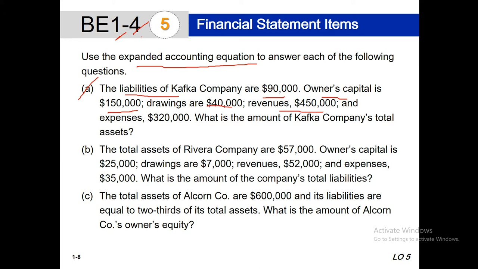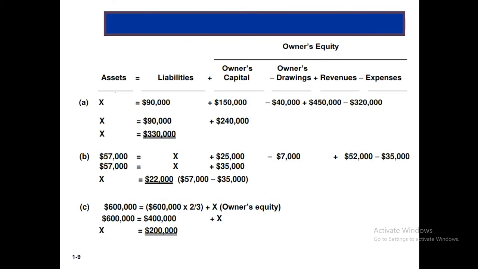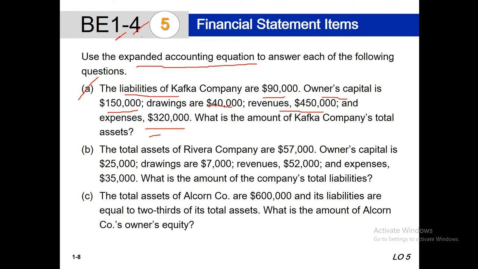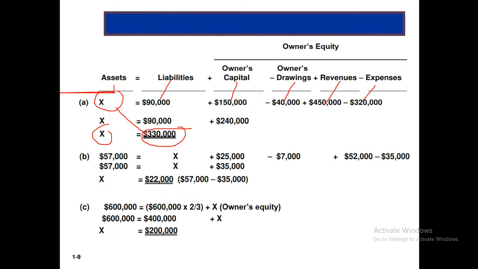What is the amount of Kafka Company's total assets? Very easy to calculate. Please look here. We take total assets as X, with liabilities, owner's capital, owner's drawings, revenue and expenses. After calculation we get the value of X as 3,30,000, that means the asset value. So Kafka Company's total assets will be 3,30,000.